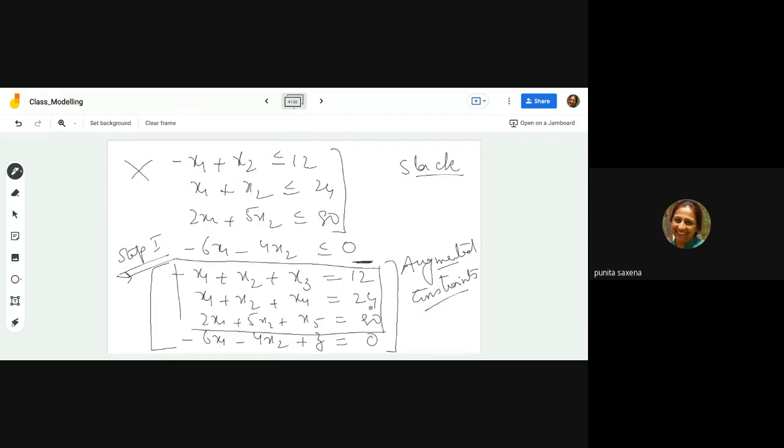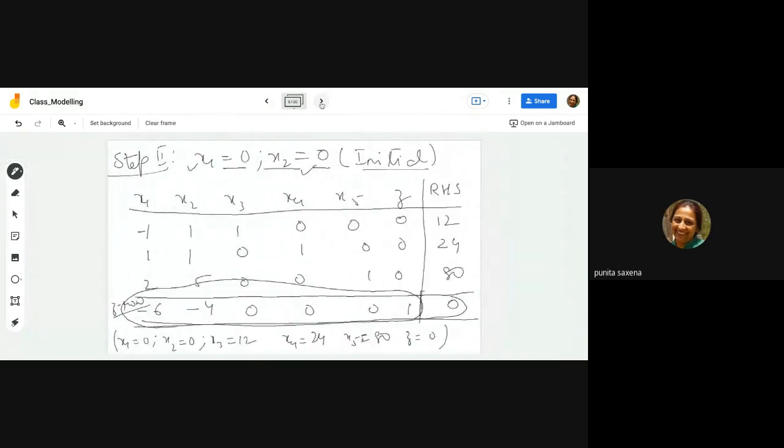Three. And how many variables? Five. So how many variables can be arbitrarily put to 0? Two. Okay, so that means we start with this choice of two.